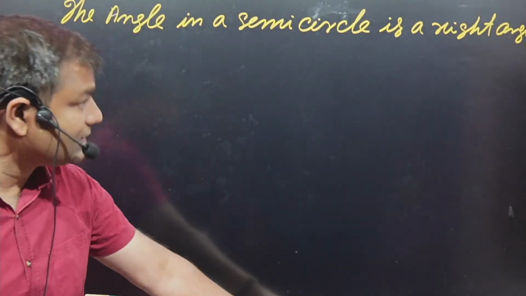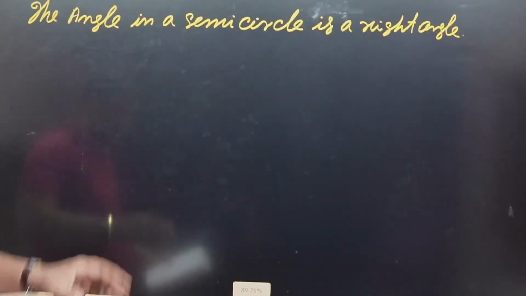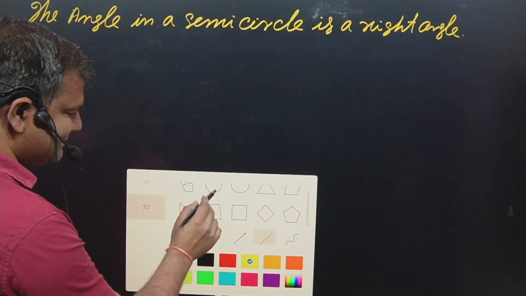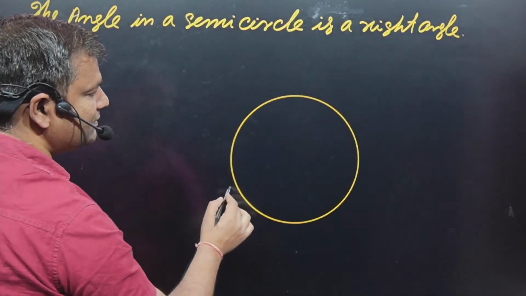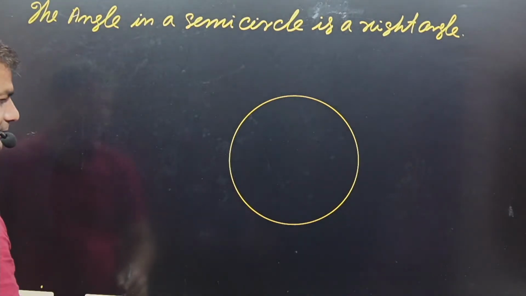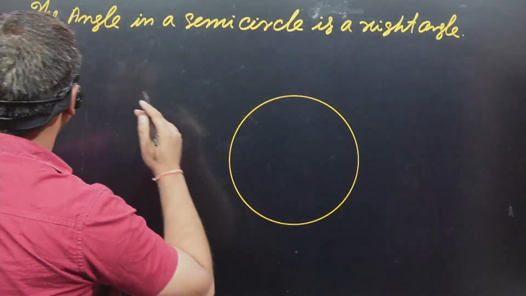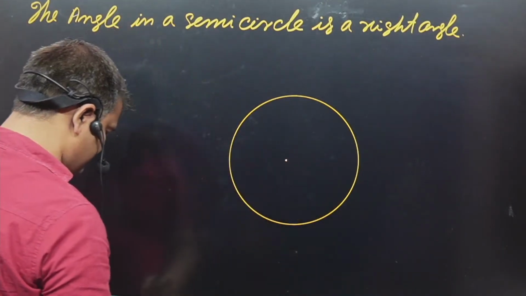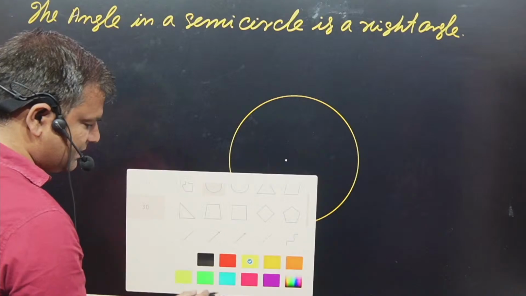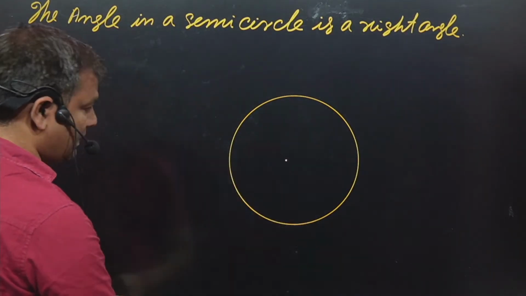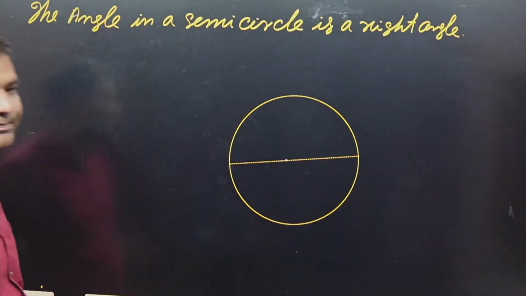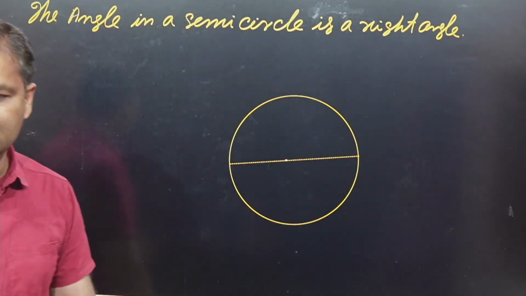First of all, how can we prove this? Simply, consider this is a circle, and suppose O is the center of the circle and this is a diameter of the circle.